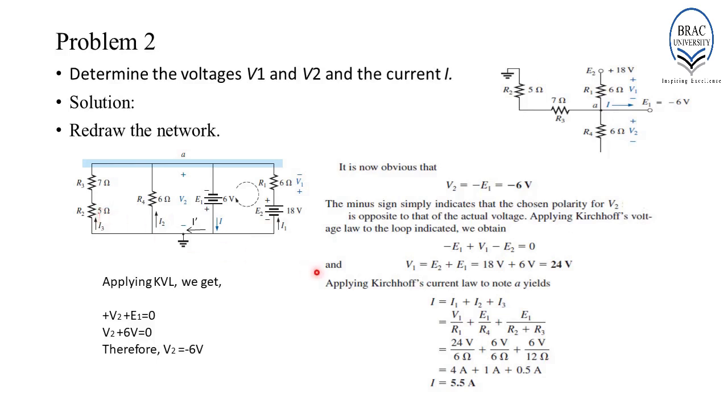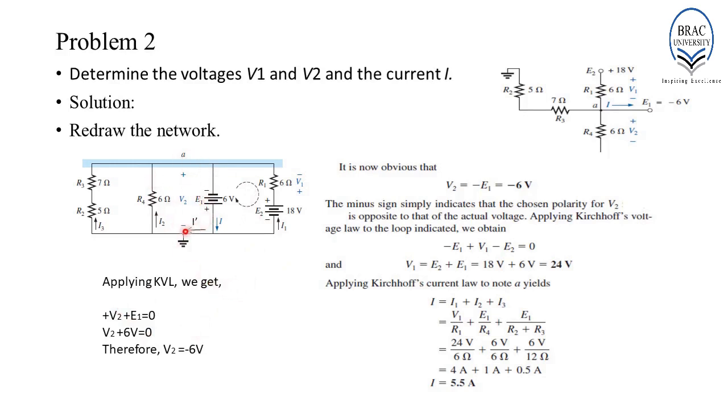Now, as you can see that in this particular circuit there are three complete loops. That is, this is one loop, this is another complete loop and this is the third loop. So, applying KVL, we can determine V2 over here.